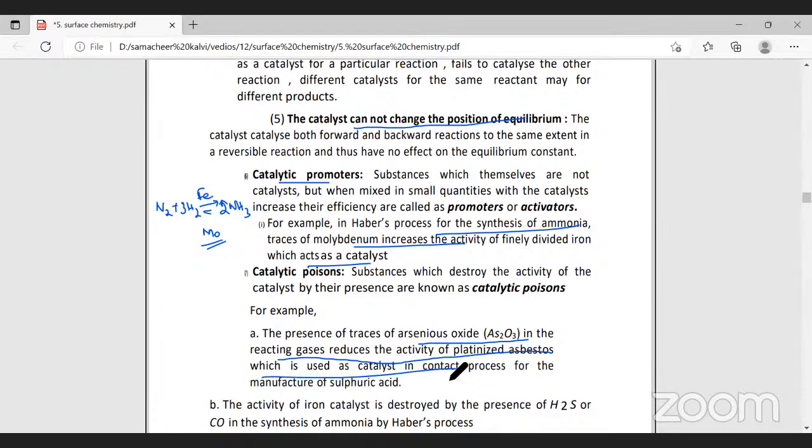In the contact process, the preparation of sulfuric acid, platinum can be used as a catalyst. If we have traces of arsenic oxide, the efficiency of the catalyst will decrease. So chemical substances which decrease the efficiency of a catalyst are called catalytic poisons. Some examples are given here.